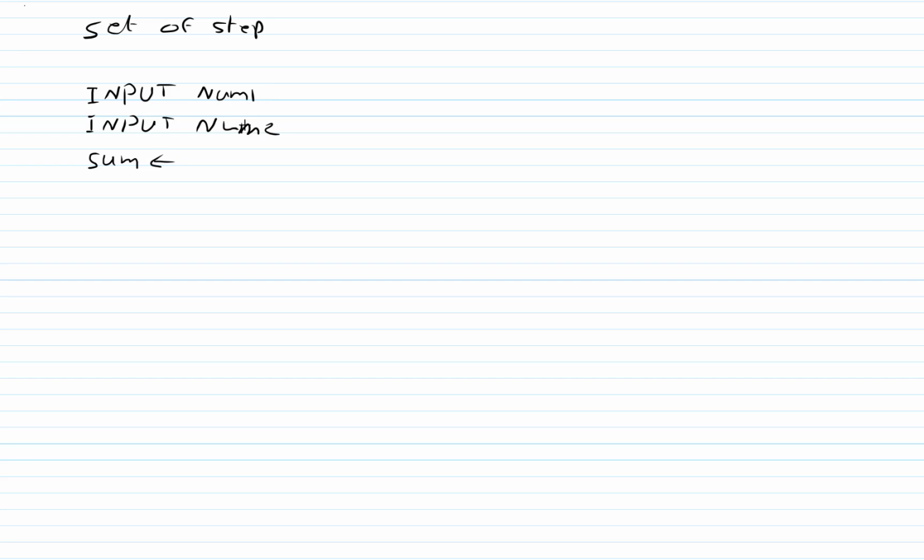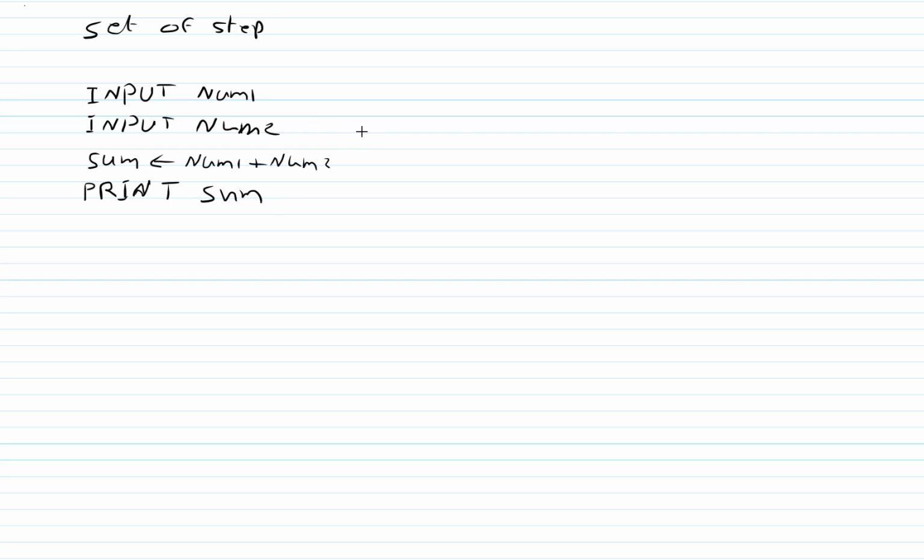The addition of num1 and num2, I can say num1 plus num2. This will be assigned to the summation. Then I will print the result, which is the sum. Just print sum. And that's it.